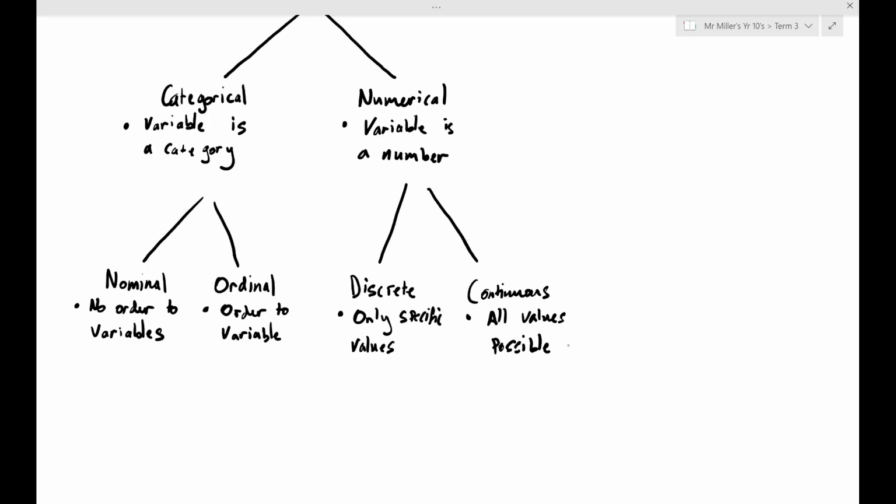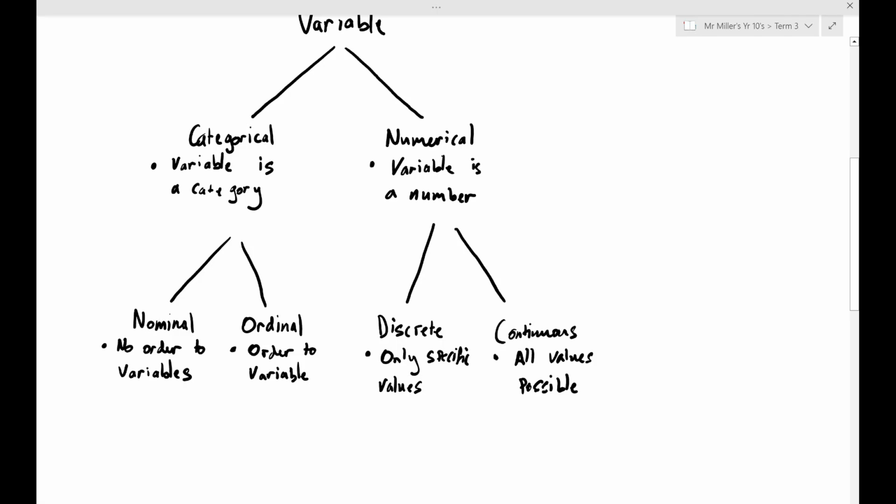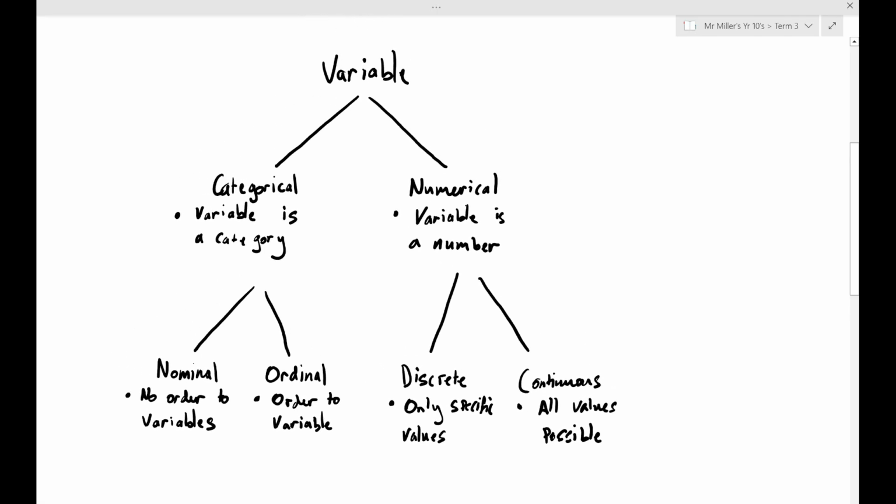I keep bringing up height, I know, but I can measure height to be 180 centimeters, 185, 185.1, or 185.01, or 185.001, right? So we can measure height to any degree of accuracy or any decimal point we want. So it would be continuous because all possible values between some interval, maybe 0 to infinity, would be available as options for measurements of height.